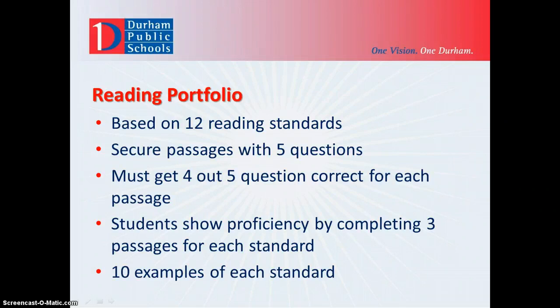Students must show proficiency on 3 different passages per standard, which means that they must show proficiency on 36 separate passages overall. There are 10 different passages per standard to allow students a chance to pass each standard multiple times.